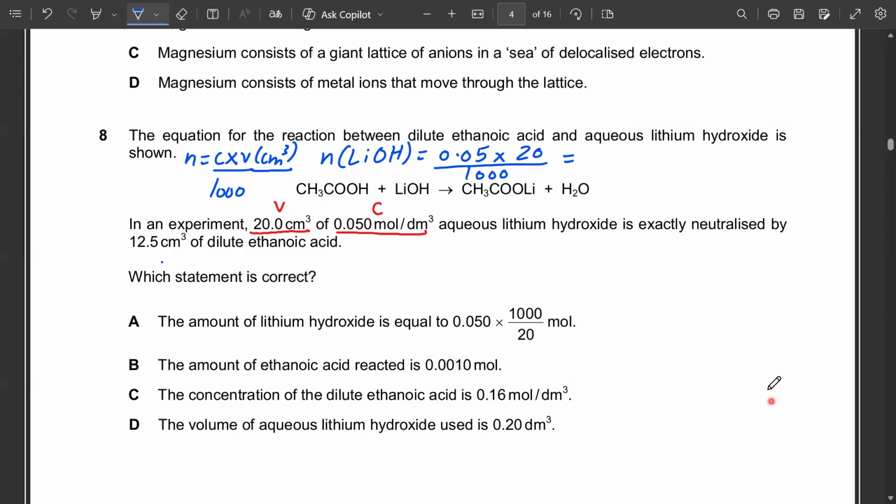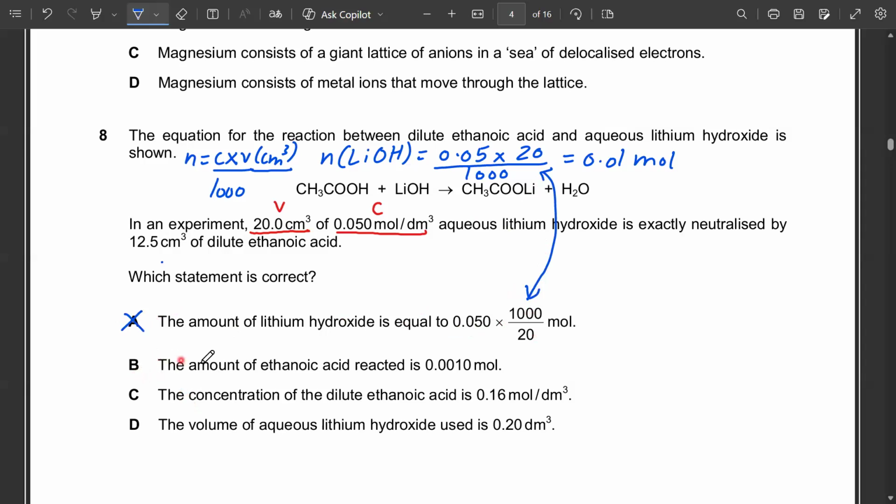If you calculate it, the value comes out to be 0.001 mole. So this is the number of moles of the lithium hydroxide. In option A, it says 0.05 times 1000 over 20. If you see, they are not matching. That's why A is not the correct option.